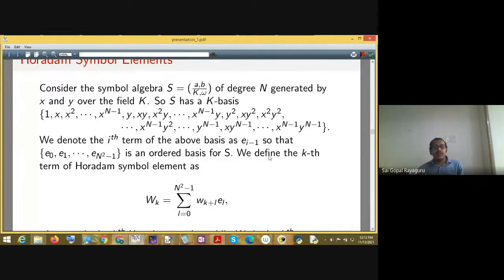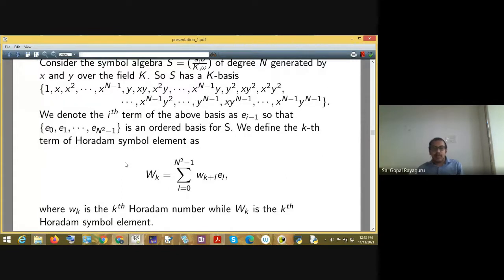So with this ordered basis, we define the kth term of the Horadam symbol element like this: capital W_k is equal to the sum over l varying from 0 to n square minus 1 of small w_(k plus l) times e_l, where e_l is the lth element of this ordered basis I consider, and w_(k plus l) is the (k plus l)th Horadam number.